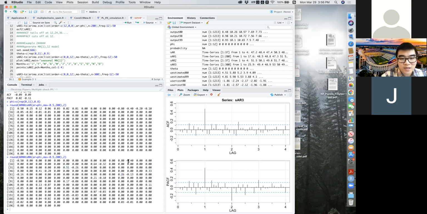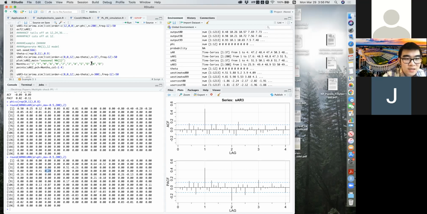Similarly, you can see a converging pattern of the lag 13 coefficient: negative 0.4, negative 0.32, negative 0.26, negative 0.2. It has an increasing pattern, but it will converge to 0.